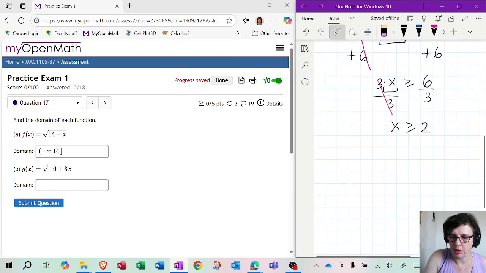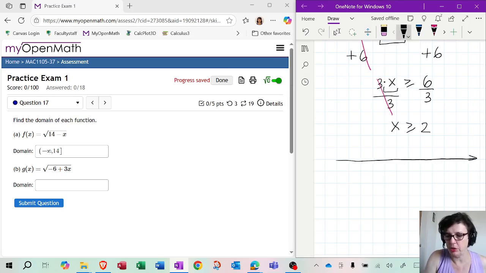So how do I go ahead and express that in interval notation? Well, imagine that 2 is here and it's greater than or equal to 2. So I need to shade everything to the right of 2, including 2 itself, because it's greater than or equal to. So this is going to be a solid dot. This is going to start at 2. 2 is included, so square brackets, and go all the way to positive infinity, which is on the right side.